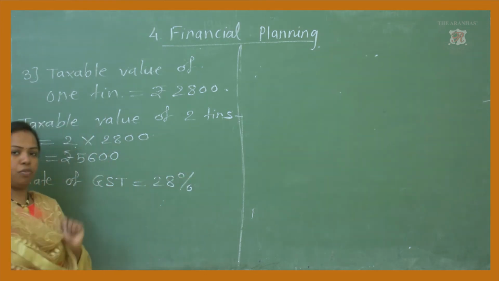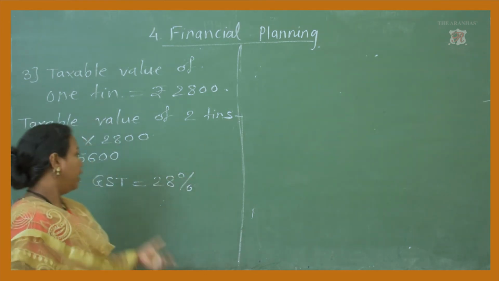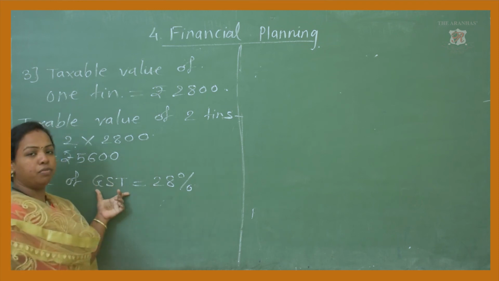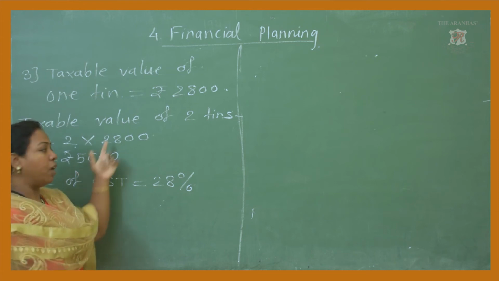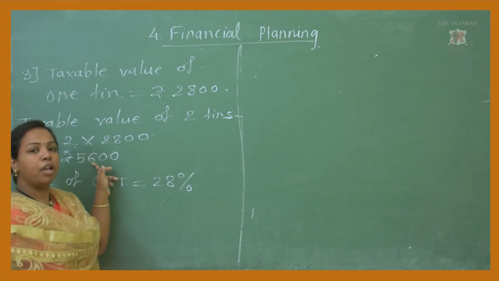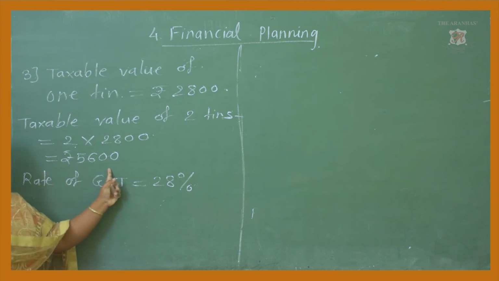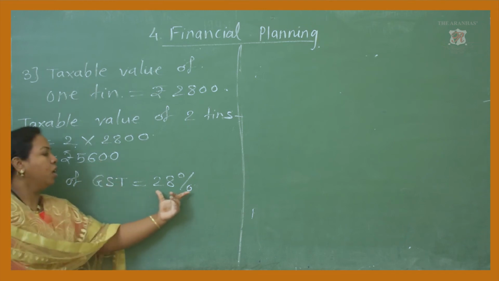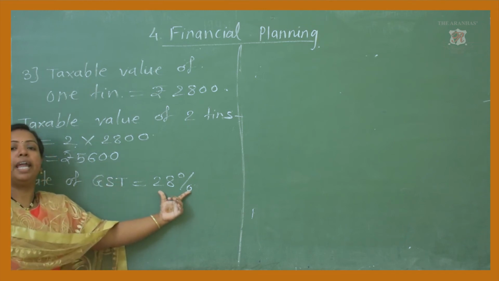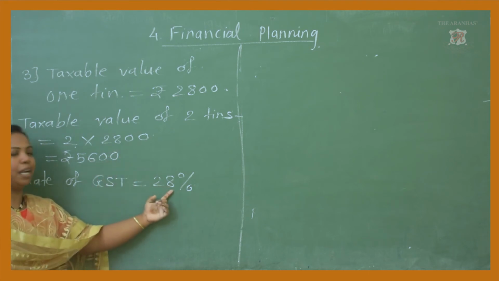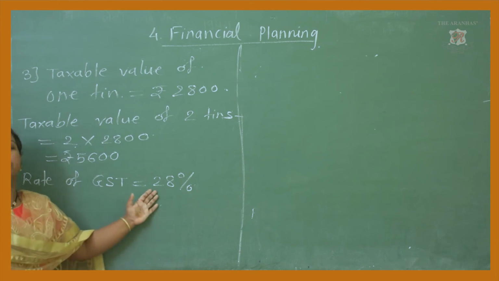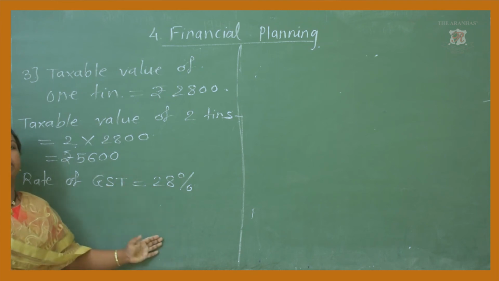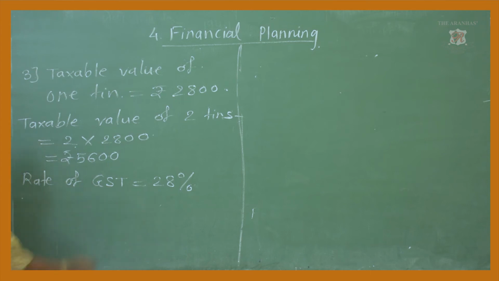Now, to calculate the amount of GST, we have the taxable value of 2 tins, which is 5,600. From this value, we are going to find 28% of this. And 28% of this is nothing but the GST amount. Once we get that GST amount, then automatically we get SGST and CGST, the half of that GST.